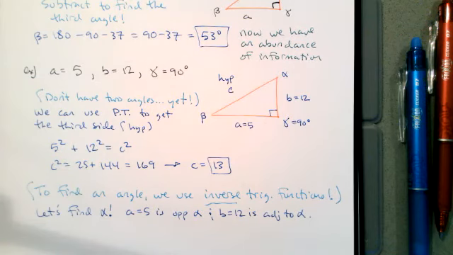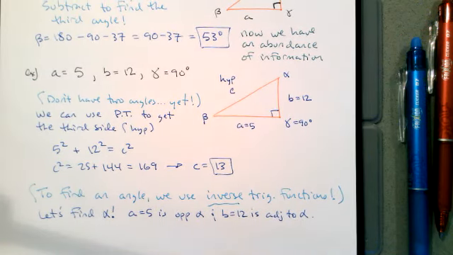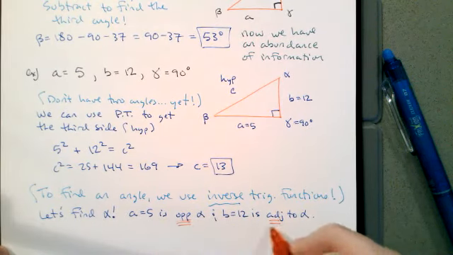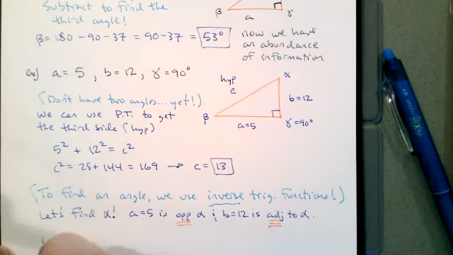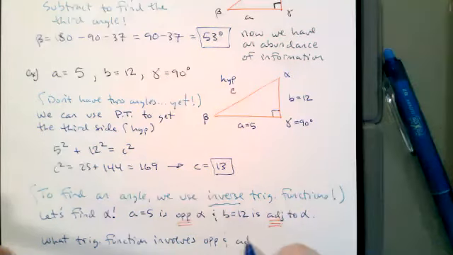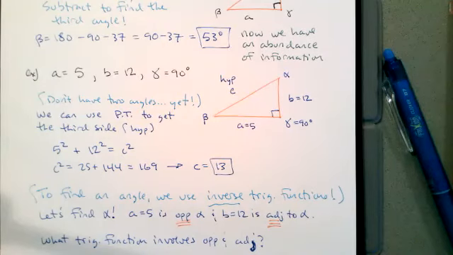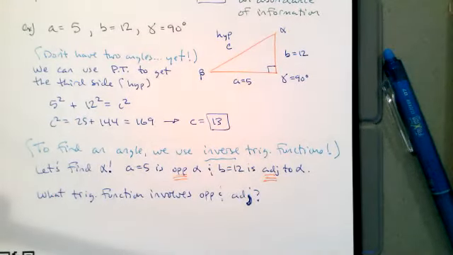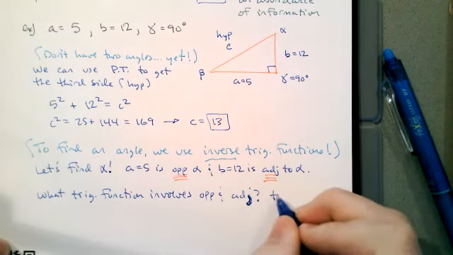So what trig function involves opposite and adjacent? Tangent. Awesome. So since we have the opposite and the adjacent, we're going to use tangent.